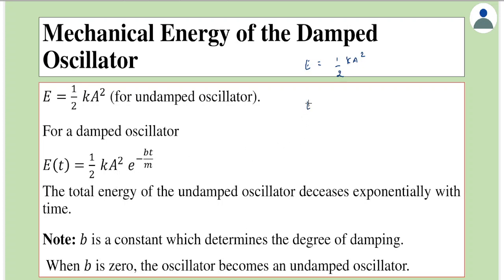In this case, energy is a function of time, and that is given as half Ka square, this factor as it is, into a factor which would decrease energy exponentially, because each time a body, for example a spring mass system, oscillates, the mass moves through the atmosphere, because of which it will lose energy. So energy keeps on decreasing. That is shown by a factor of e, which is decreasing exponentially. That will be e power minus bt by m. So the energy also would decrease exponentially.